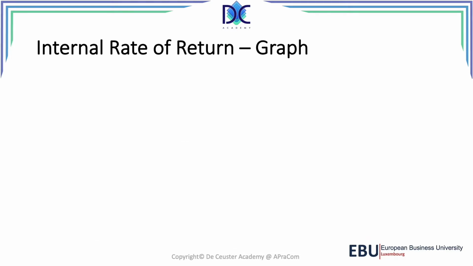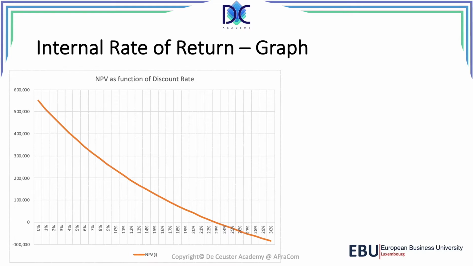Now let's have a look at the graph, because the graph is quite interesting to see. Here you see the net present value as a function of the discount rate, and we see that somewhere between 22 and 23 we go through 0. That's the result that we have, and we have to find this value.